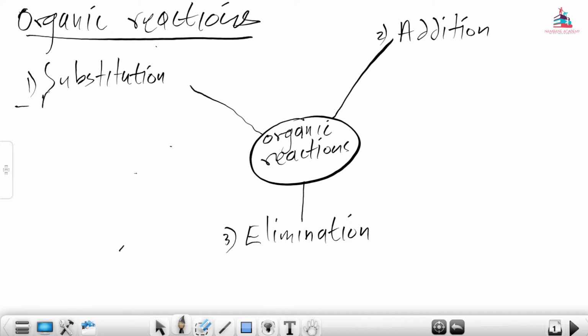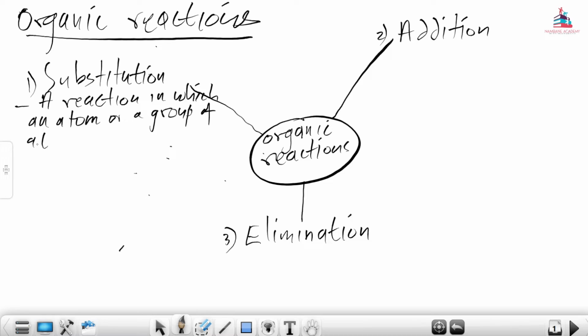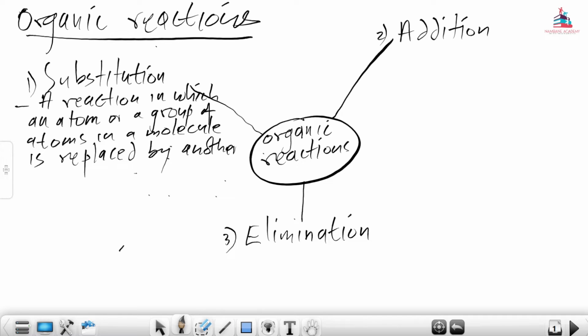A substitution reaction is a reaction in which an atom or a group of atoms in a molecule is replaced by another atom or a group of atoms. So this is the definition as per exam guideline.